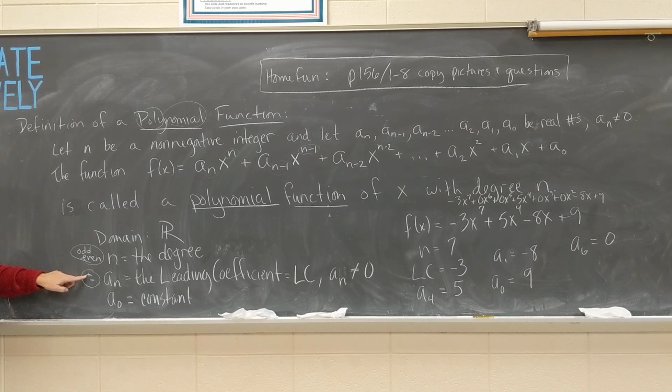That's one combination. I can have an odd degree polynomial function with a negative leading coefficient. That's another combination. Or I could have an even degree polynomial function with a positive leading coefficient. Or I could have what's left? Even degree with a negative leading coefficient. Okay? Remember, these aren't even and odd functions, these are even degree and odd degree.